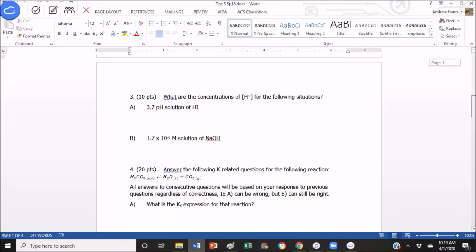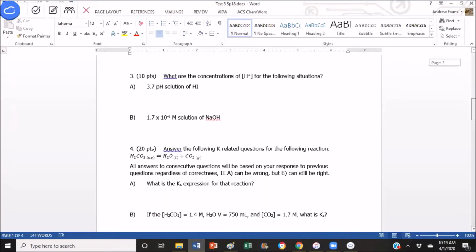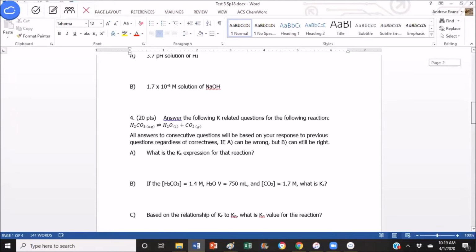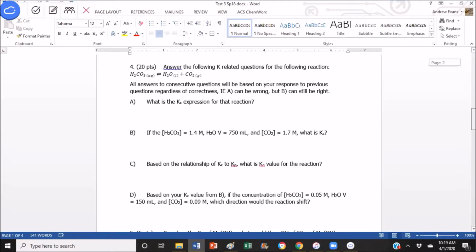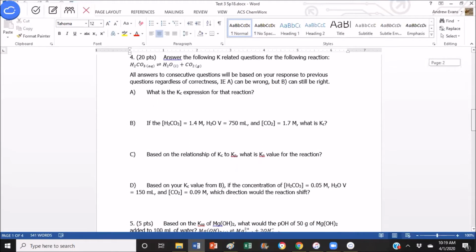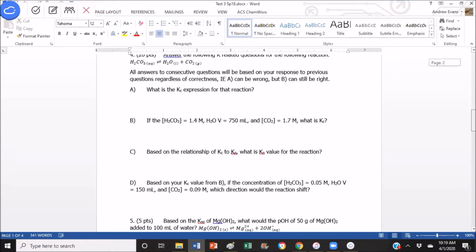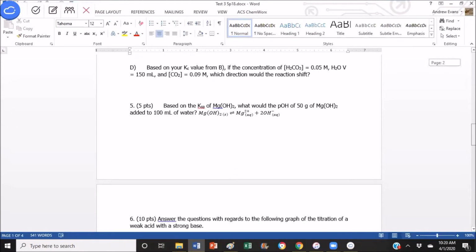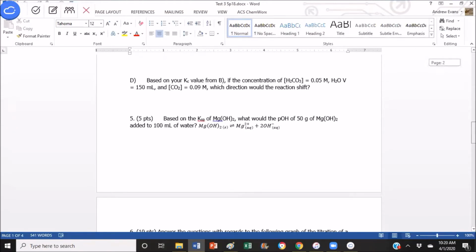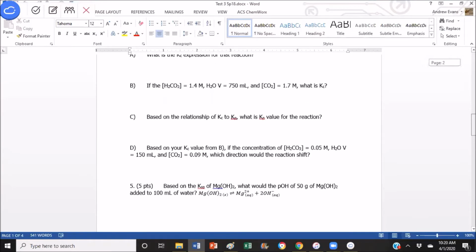What are the concentrations of H plus in the following solutions? Answer the following K-related questions for this, and then it's a consecutive thing. I think I did this over chapters 15, 16, and 17 that year.